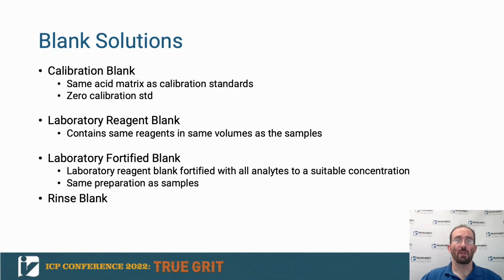The lab fortified blank is a sample of the lab reagent blank to which known quantities of your analytes of interest are added at a suitable concentration. This will ensure that the methodology is in control and ensures that your laboratory is able to make precise and accurate measurements. The rinse blank should flush any previous samples and will help determine if there are any cross-contaminations between the samples.